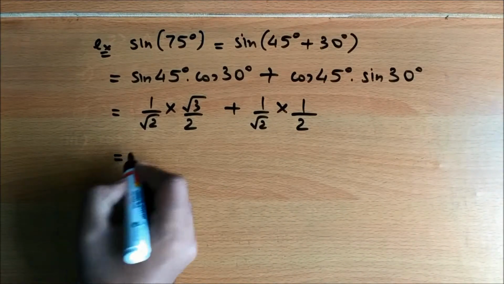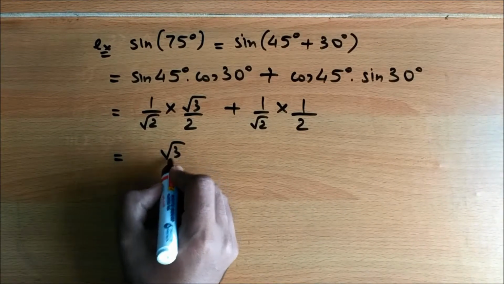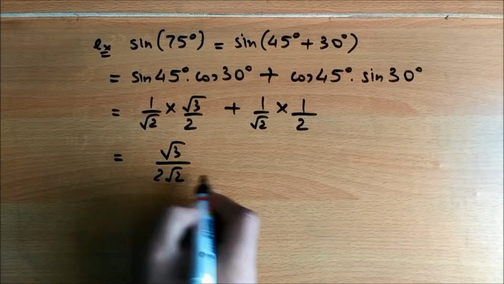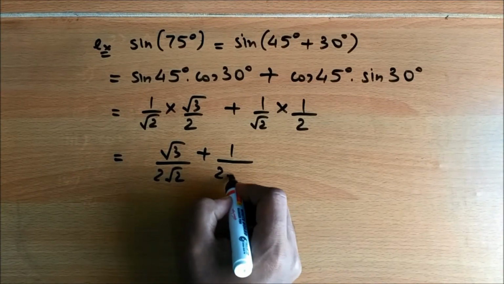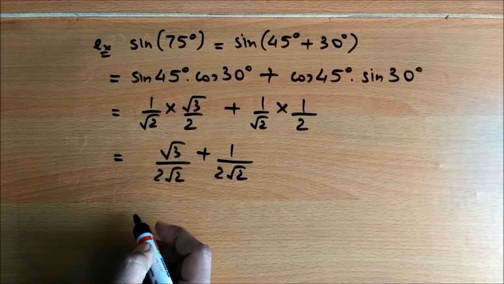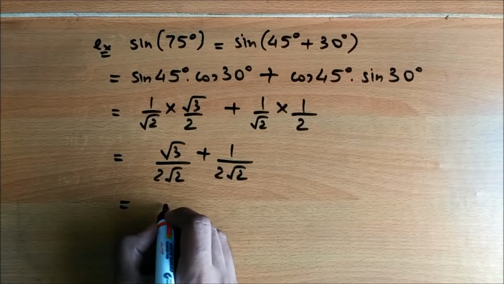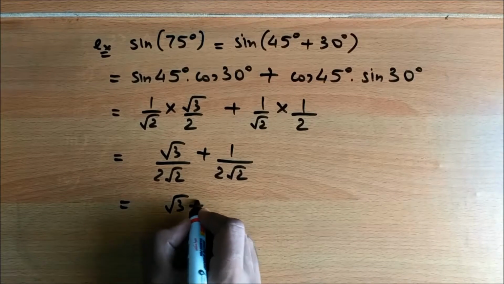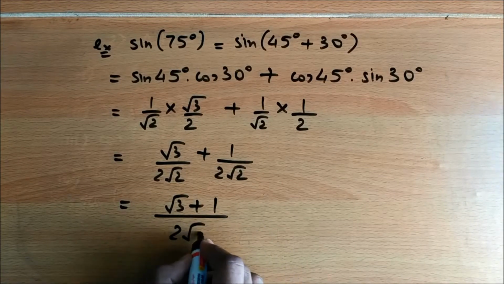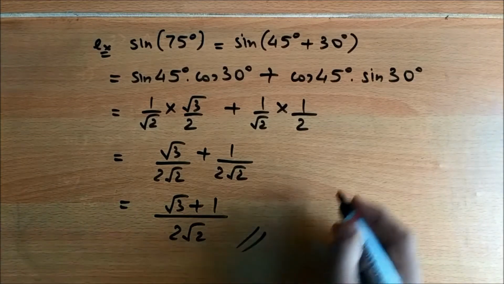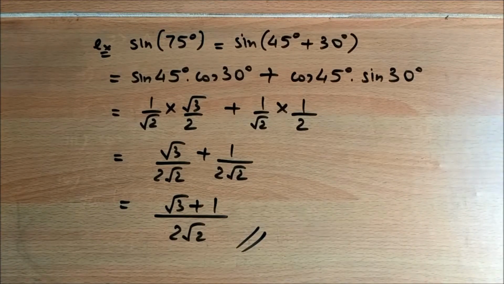Simplified further as root 3 upon 2 root 2 plus 1 upon 2 root 2. Now add the 2, so you get root 3 plus 1 over 2 root 2. Yes, that's the value for sine 75 degrees. Yes, easy as always.